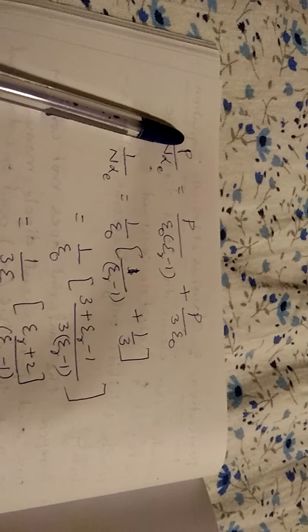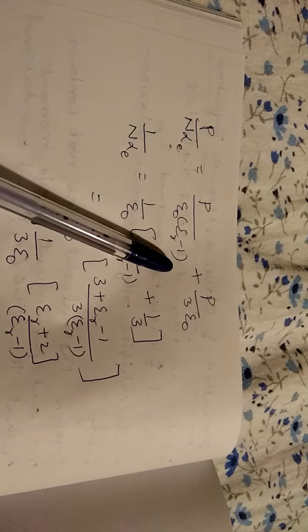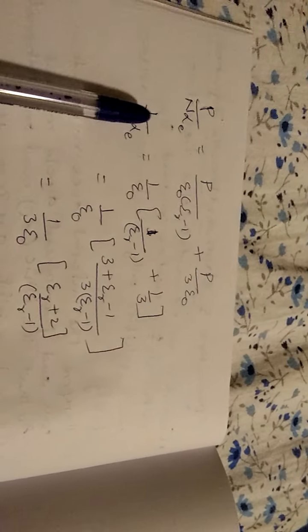Substituting these two values from equations 2 and 3 in equation 1, we get Ei, P by n alpha E, is equal to E, P divided by epsilon naught times epsilon r minus 1, plus P by 3 epsilon naught. Now P is on both sides, so it cancels.